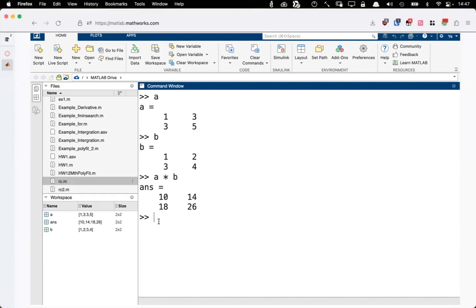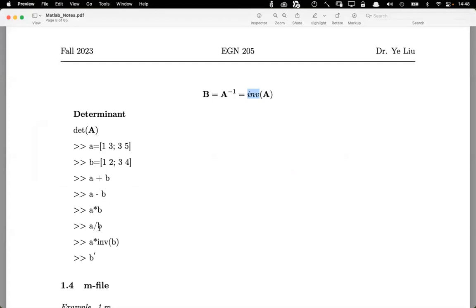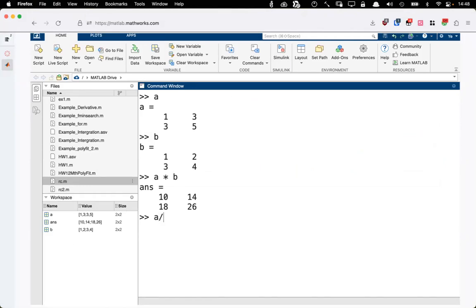Okay, then the last one, division. A divided by B. Division, we will actually talk about this later. A divided by B, you get this one.